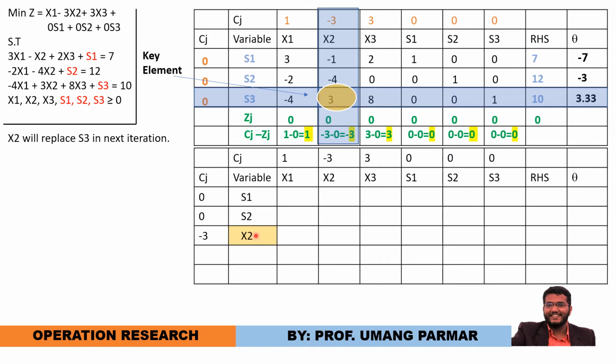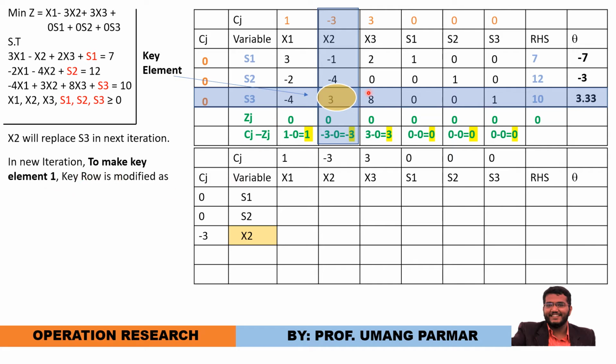When we change this, automatically the X2 coefficient, that is -3, needs to be written here. Now we are going to modify these numbers. Whenever we go for a new iteration, we first make the key element 1.